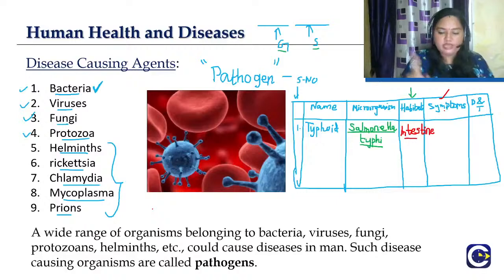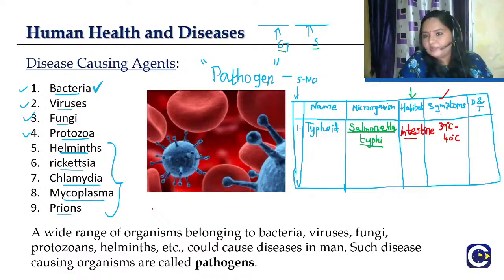High fever, when I say it is 39 degrees to 40 degrees Celsius. The fever would be between 39 degrees Celsius to 40 degrees Celsius. It would be high fever, weakness, yes, Kirtana, fever, weakness of the body, and then headache, loss of appetite, yes. So these are the symptoms of typhoid.